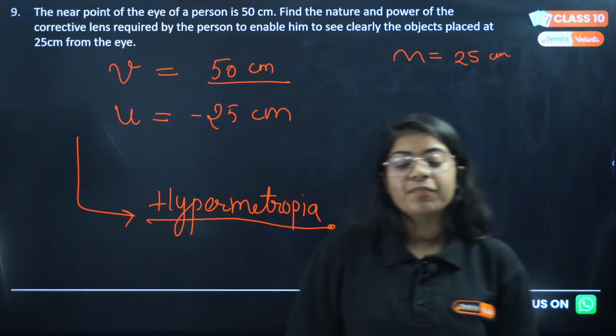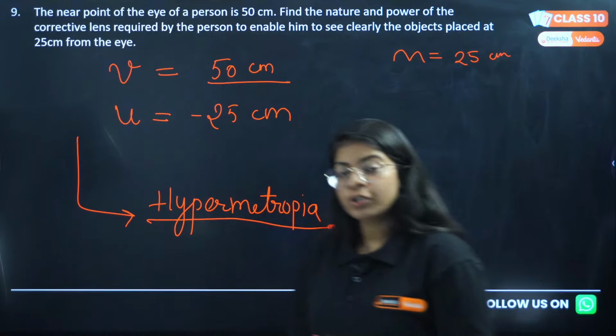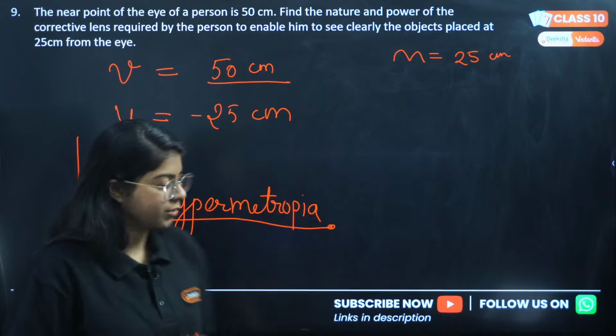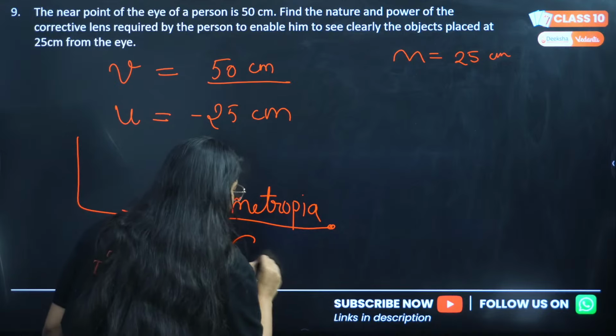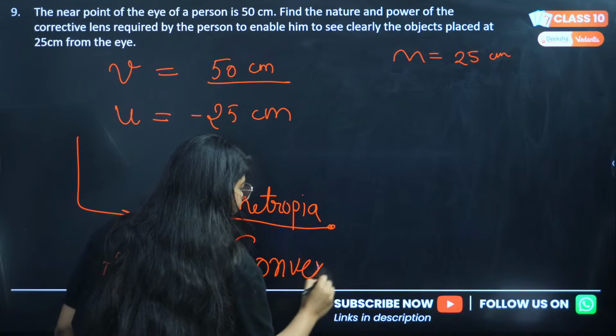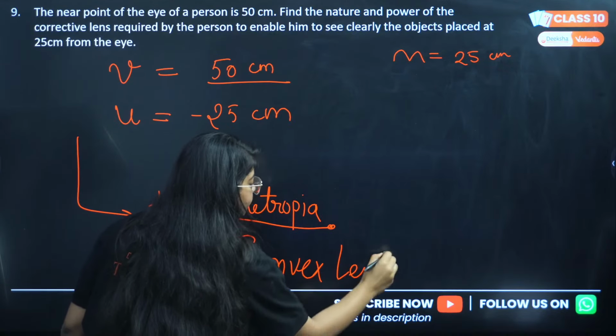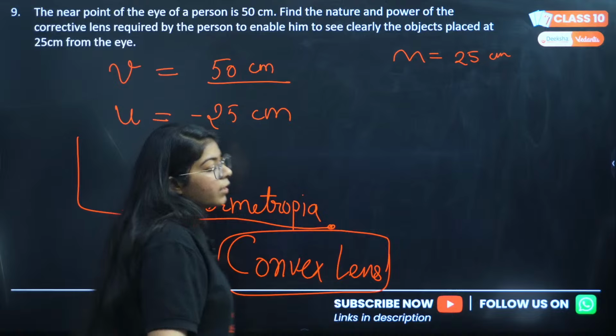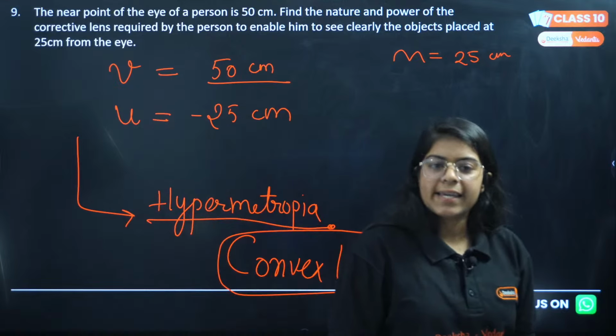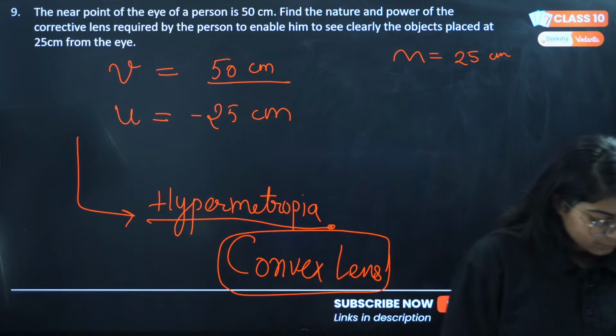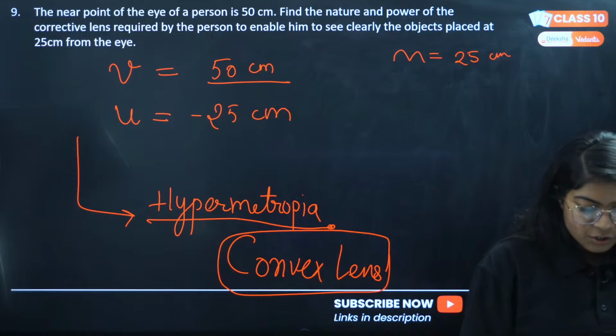And the kind of lens that is being used to correct hypermetropia is what? It is convex lens. Correct? It is what? It is convex lens. Understood?